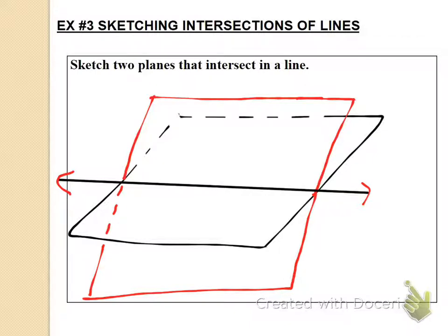And so I mentioned before that when you name a plane, you have to use 3 points that are not on the same line. And here's why, right? Because here's a line that sits in two different planes.